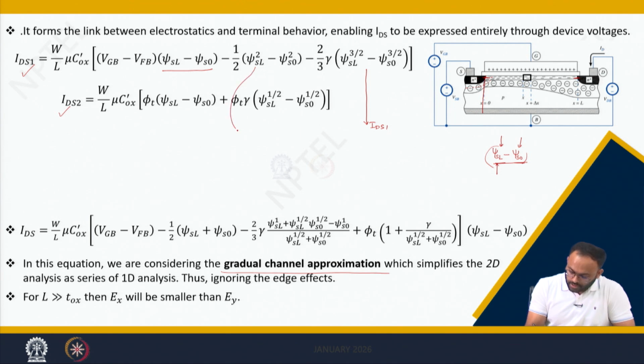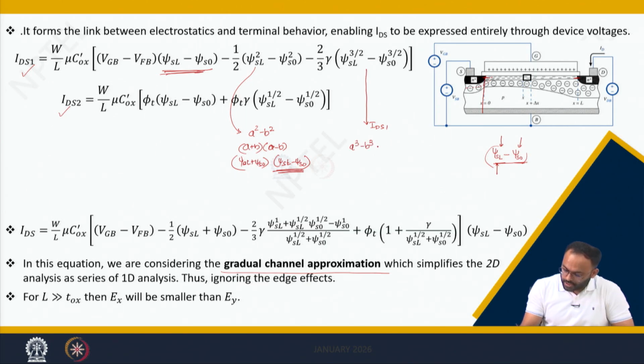Similarly, this can be written as a square minus b square can be written as a plus b into a minus b. So, you can take psi SL plus psi S0 into psi SL minus psi S0. So, you can take this term out, you can take this term out. Now, here this is in the form of a cube minus b cube, which can be written as a minus b into a square plus ab plus b square.